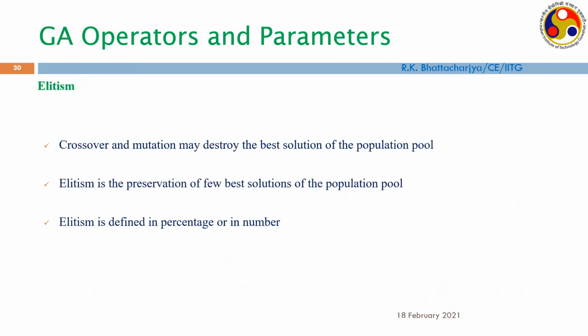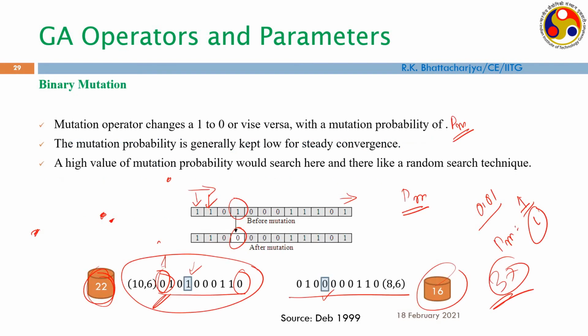We have discussed all these operators: the crossover operator, the mutation operator, and the selection operator. If we apply these three operators, it is expected that every iteration you should get some improved solution.